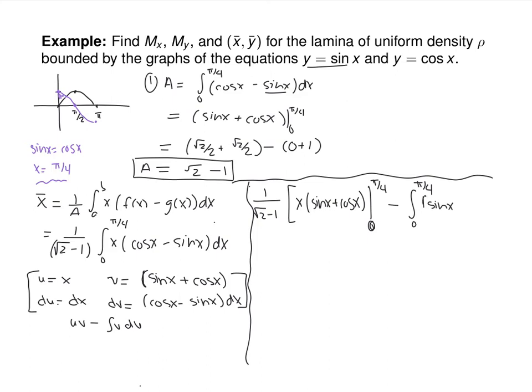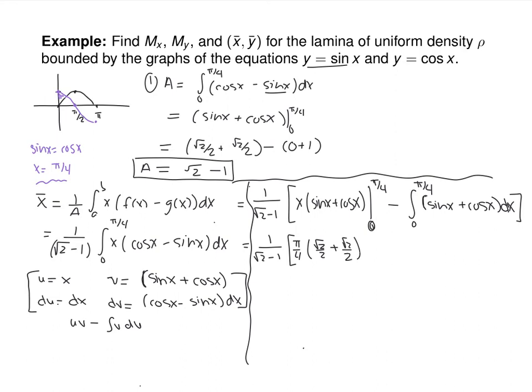So sine x plus cosine x. And notice that that latter integral is one that you can actually handle, so it's not so bad. So we have 1 over root 2 minus 1. Now plugging stuff in, we'll have pi quarters times root 2 over 2 plus root 2 over 2.